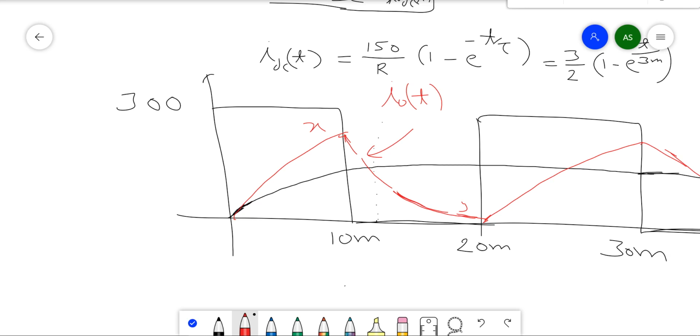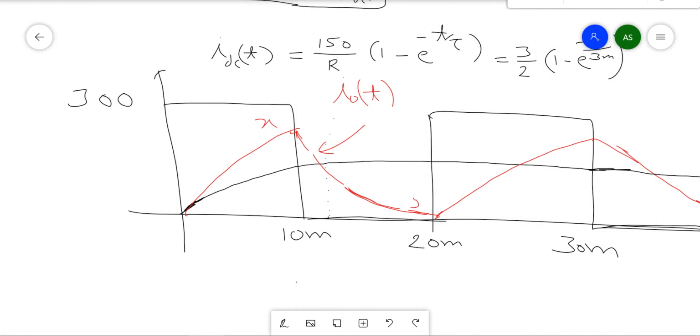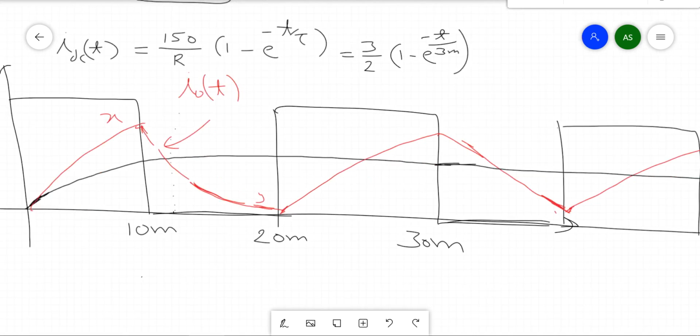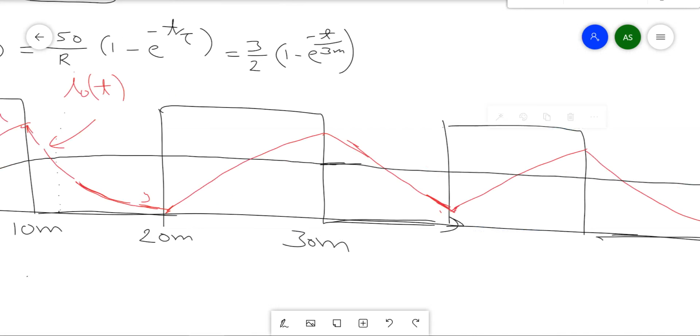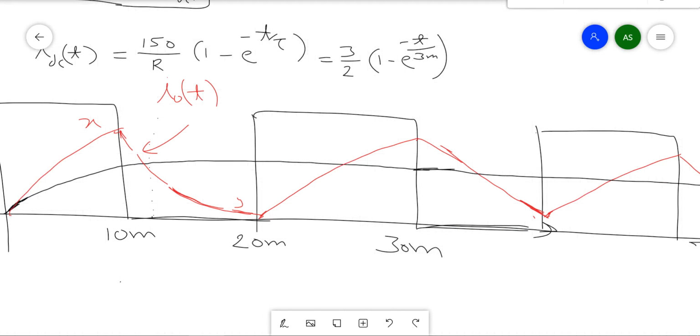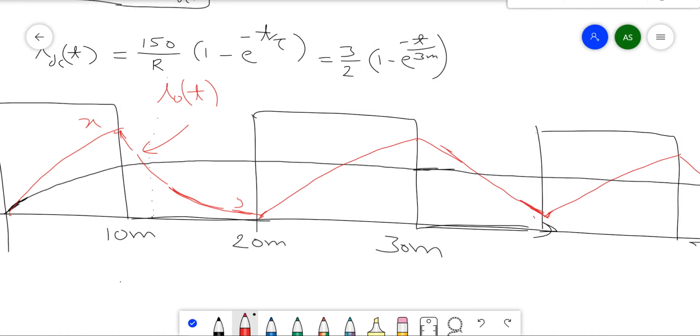Okay, so these points X and Y will be more or less remain the same throughout this waveform. We don't need to calculate anymore. Okay, suppose we don't need to calculate Z here. Why? Because Z will be approximately equal to X, because the DC component has already reached its steady state.